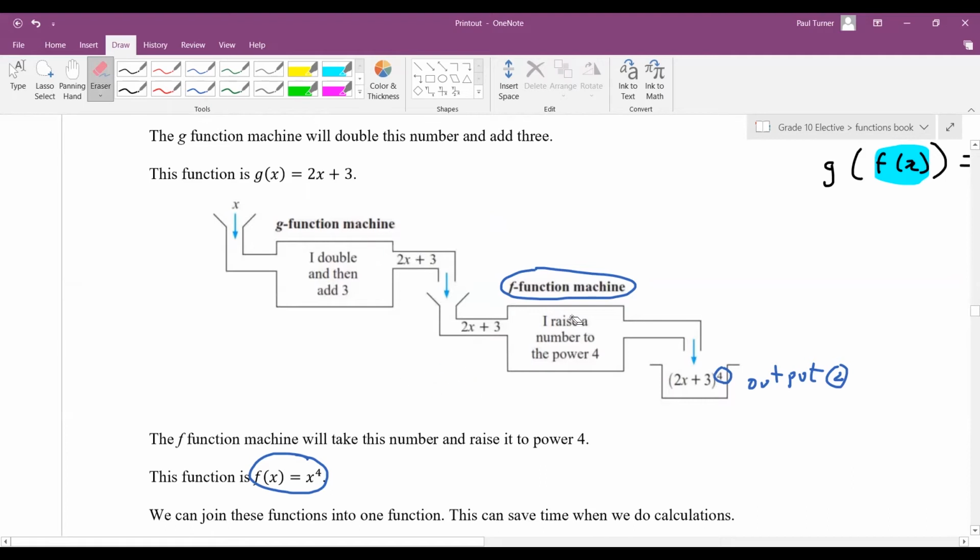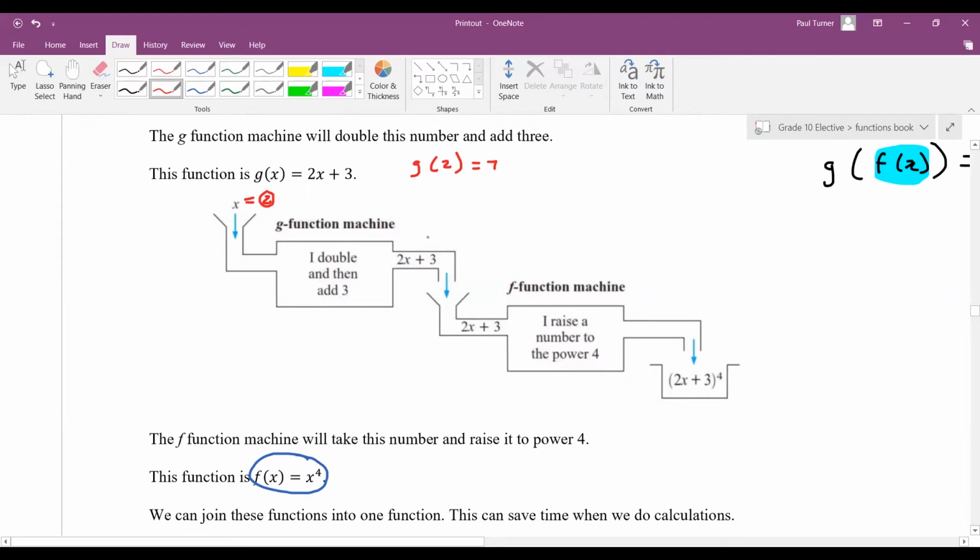So if we do that with a number, let's see what happens. What this is really showing is what I've just showed you about 5 minutes ago. So what if x is 2? g(2) would be 7, yeah? So you put 2 in, you double it, and you add 3.